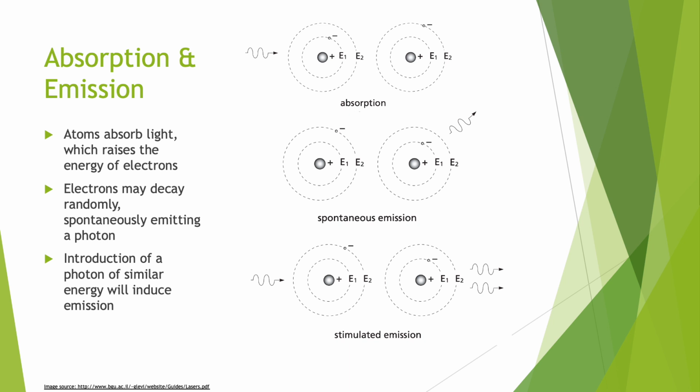With that stimulated emission, it's going to leave in sync with the photon that was already passing by. So you can see that the two of those, their wavelengths are lining up as they both leave in the same direction. Again, important to remember that that occurs when a photon of a similar energy level and therefore similar wavelength is passing by as the electron is close to decaying.